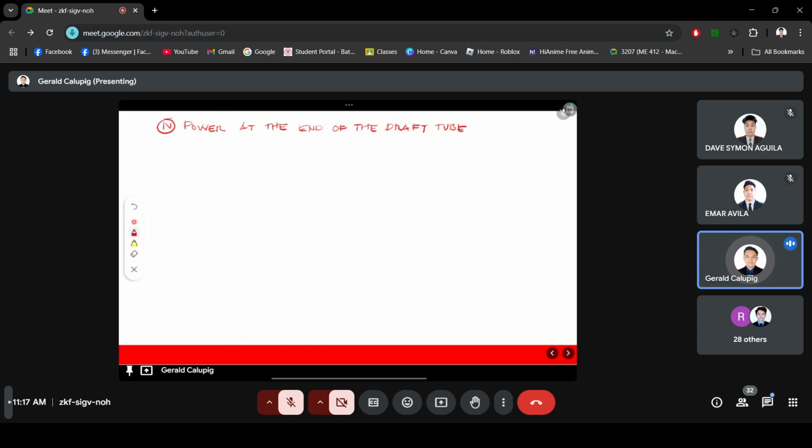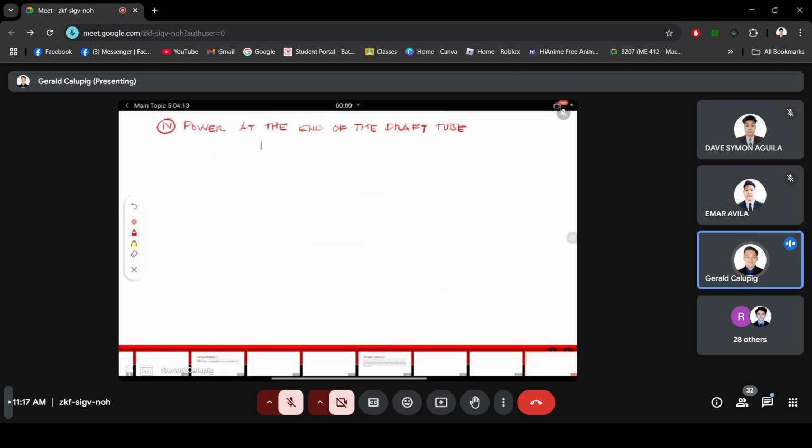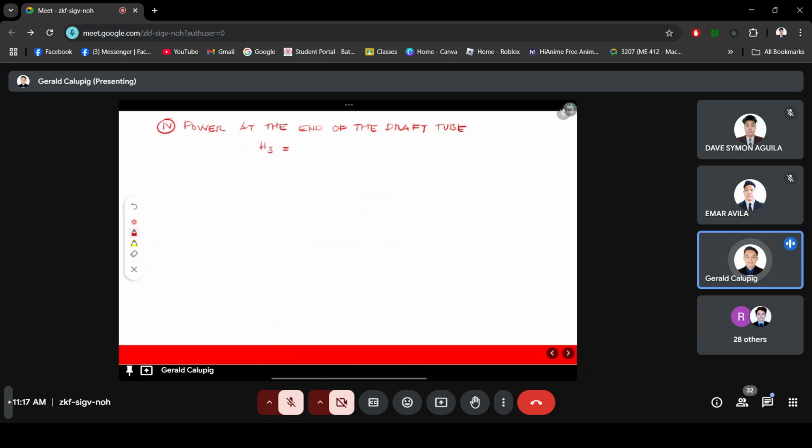So we have here first the H3. Anong H3 po natin? We can have here V3 squared over 2G. Okay. Ano po yung ating V3 kanina? Our V3 here is 1.7671 meter per second squared over 2G, which is 9.81 meter per second. Okay, nakuha po ba? So our H3 will be what?